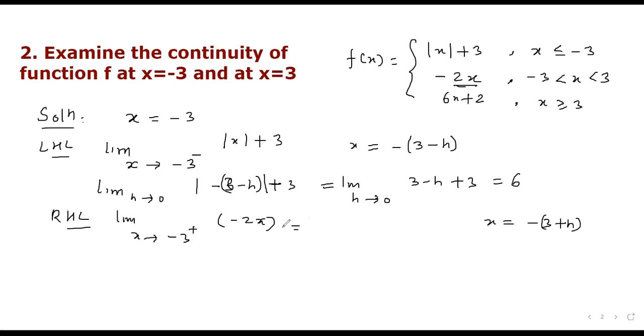So we write limit h tends to 0, and in place of x we write minus 3 plus h. So it will become minus 2 times (minus 3 plus h), which is 6 minus 2h, and we put h equal to 0, we get 6. Since LHL equals RHL, the function will be continuous at x equal to minus 3.